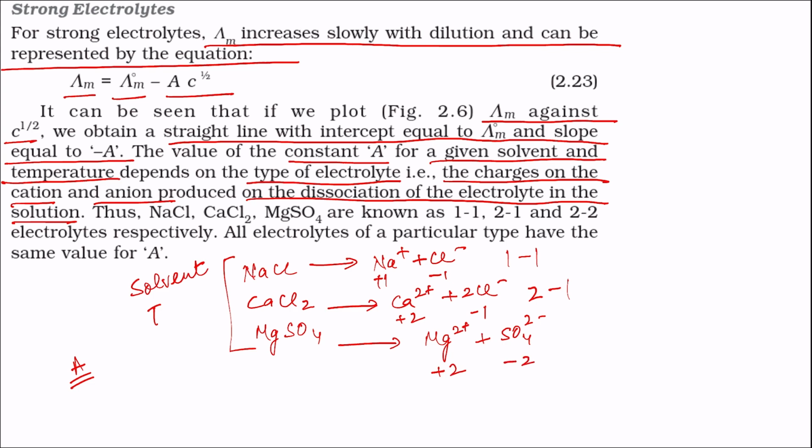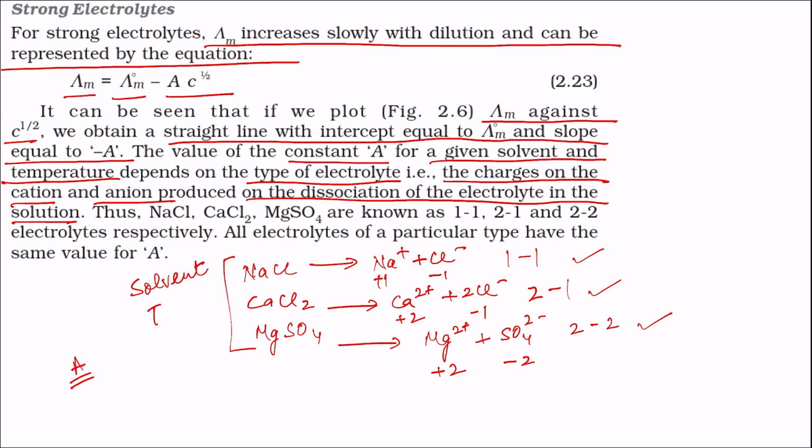So the type of electrolyte is 2-2, or 2,2 type electrolyte. Now all the electrolytes of the type 1,1 will have the same value of A. All the electrolytes of the type 2,1 will have the same value of A, and the electrolytes of the type 2,2 will have the same value of A.